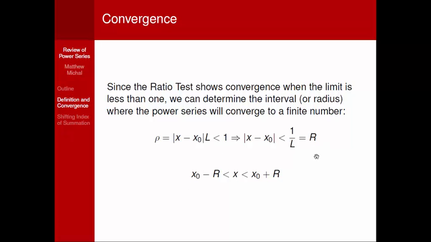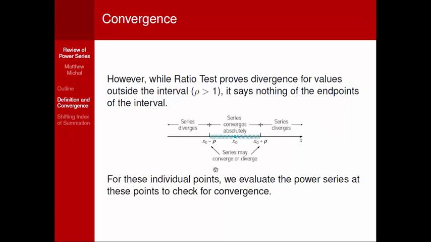And simply by finding that value rho from our ratio test, which implies it has to be less than 1, we can solve for that radius value that allows us to find our interval. But that allows us to find this whole thing.